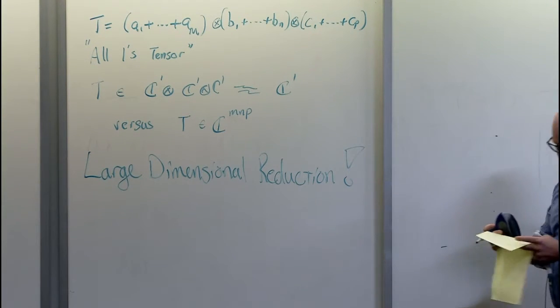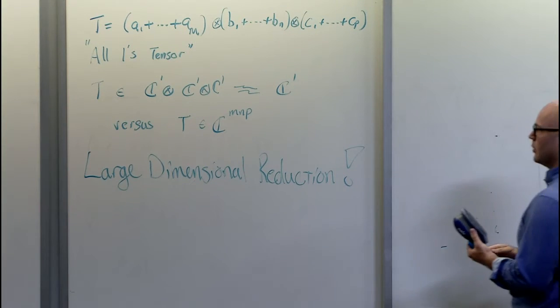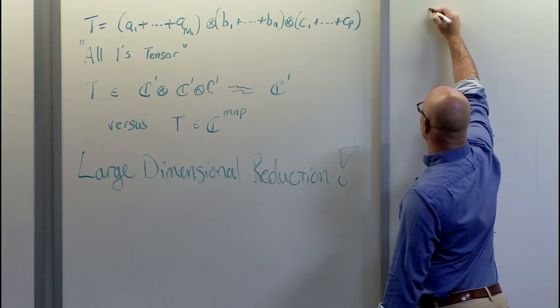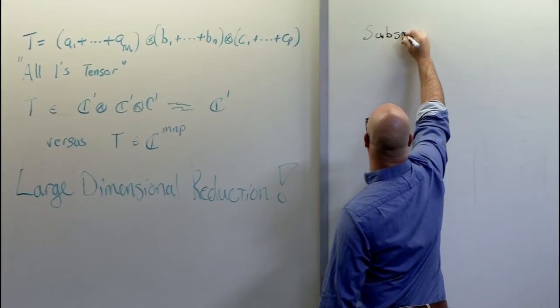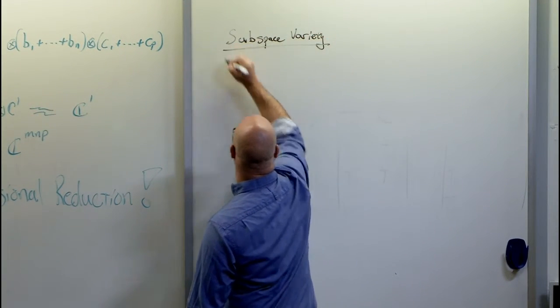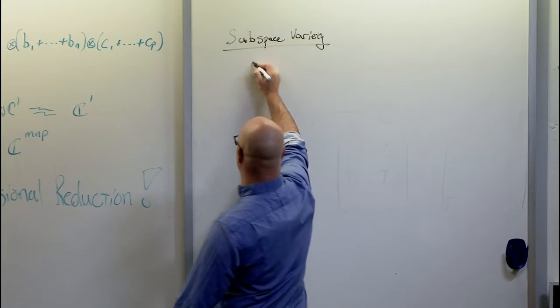This brings me to the fact that this conference is about algebraic geometry and complexity theory. The algebraic variety involved here is called the subspace variety. I've just shown you a few instances of it.